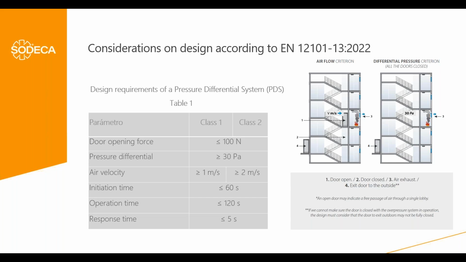The pressure differential has been decreased from the 50 pascals that we had in the old standard to 30 pascals in the new standard. The reason for that was related to these 100 newtons, because as I have mentioned, these 100 newtons correspond to a certain level of overpressure depending on the parameters of the door, mainly the width, which plays a big part in this calculation.